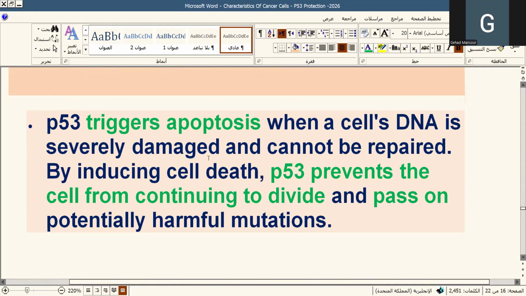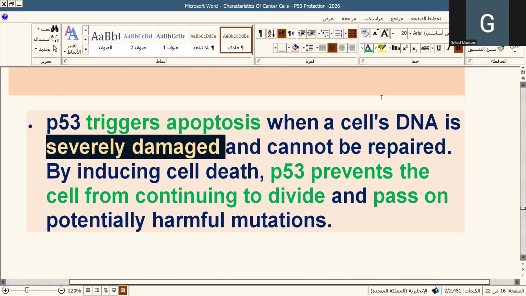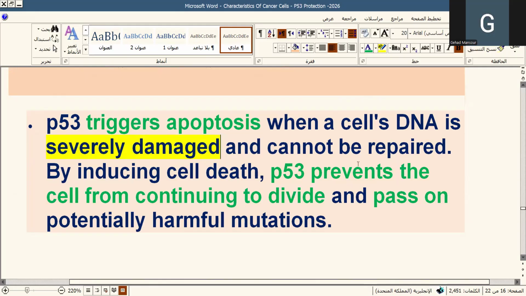As we said before, if the repair is impossible and if the cell's DNA is severely damaged in a way that prevents repair or makes repair impossible, then P53 will take the other option, supposing that, of course, we're talking, and I emphasize once again, that we are talking about the role of P53 in cells with damaged DNA, but where P53 itself is not mutated.